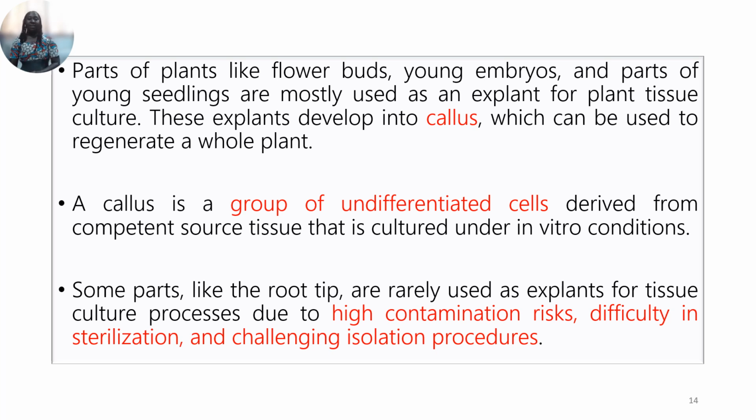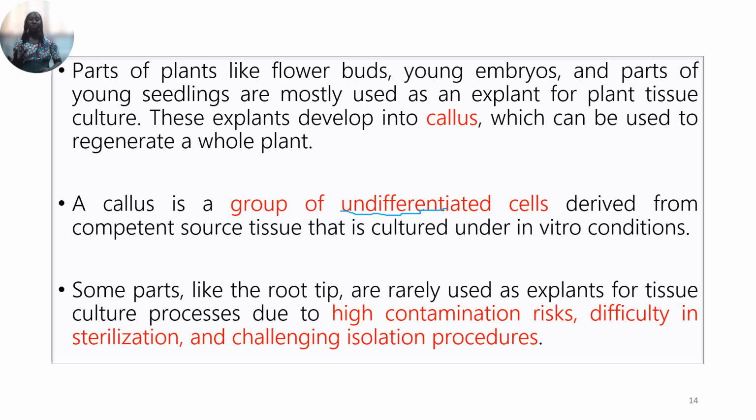A callus is a group of undifferentiated cells derived from competent source tissues that is cultured under in vitro conditions. When we say undifferentiated cells, this means these cells have not been differentiated into any organ or any part of a plant.